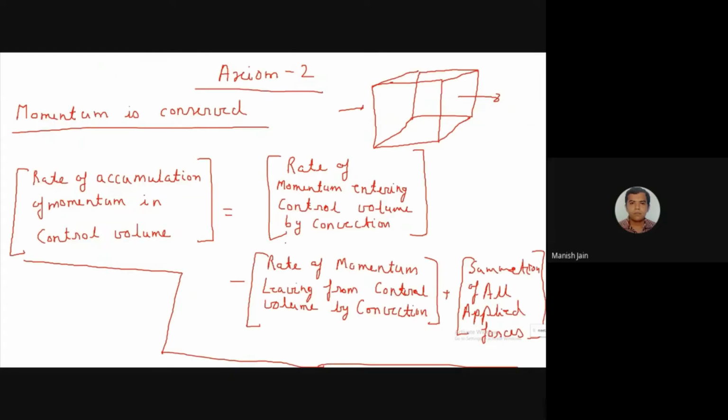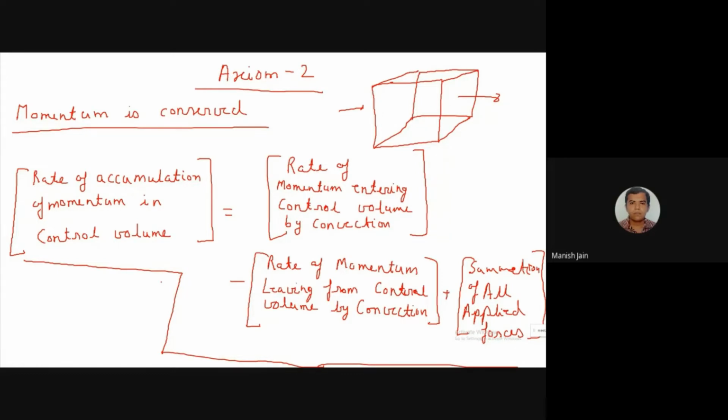Then axiom 2 tells you that the momentum is conserved. This statement is equivalent to Newton's second law, F equal to ma basically. So here you are adding all the forces and all the momentum. In fluid mechanics, when your phase is fluid, the momentum comes with the fluid.